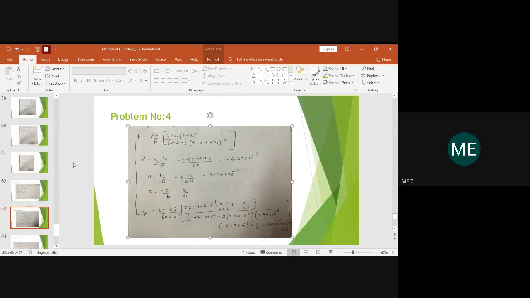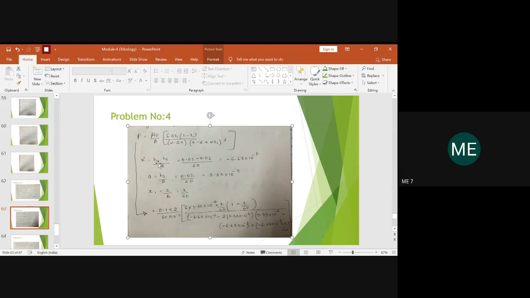But they have given us the minimum and the maximum oil film thickness. So with the help of H2 and H1 value, and the value of B is also given, with this data you can find out the inclination angle. And always remember, inclination angle should be in terms of negative, right?